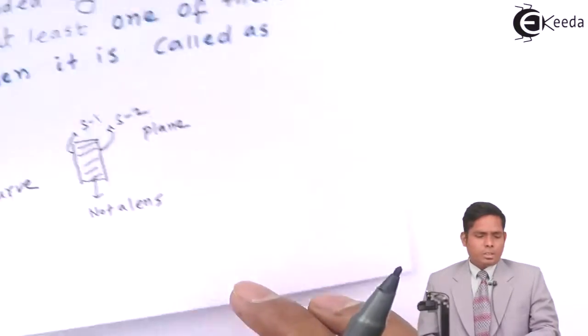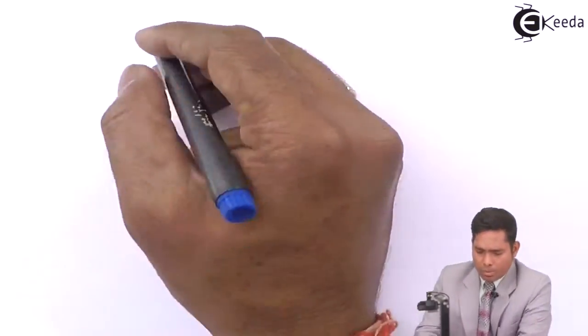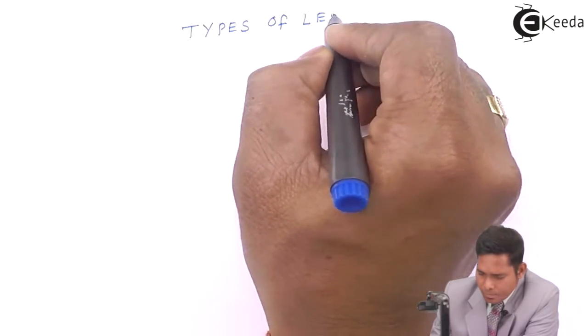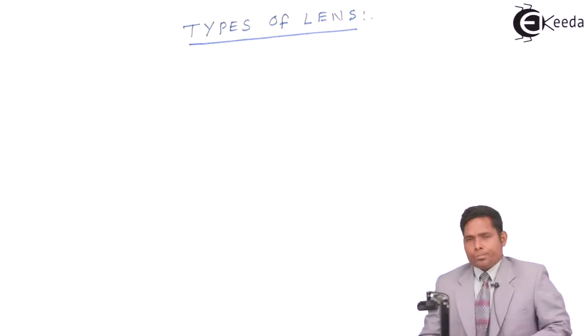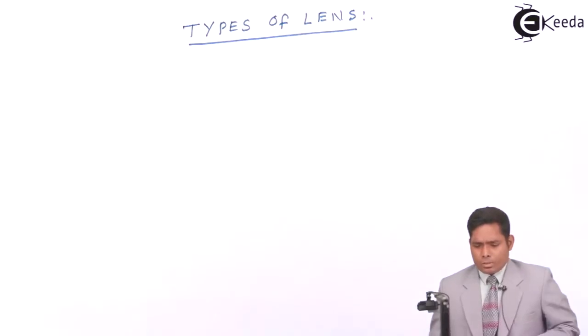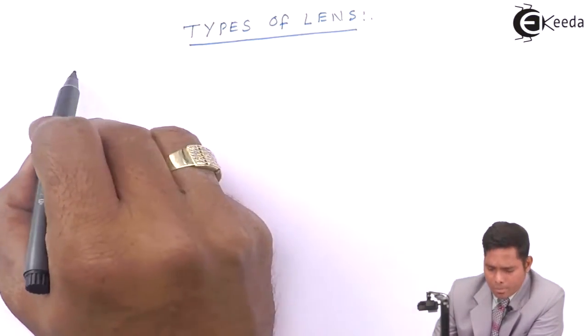Now let us discuss the types of lenses. Basically we are concerned with the convex and concave types of lenses. So lenses are basically divided into convex and concave type.